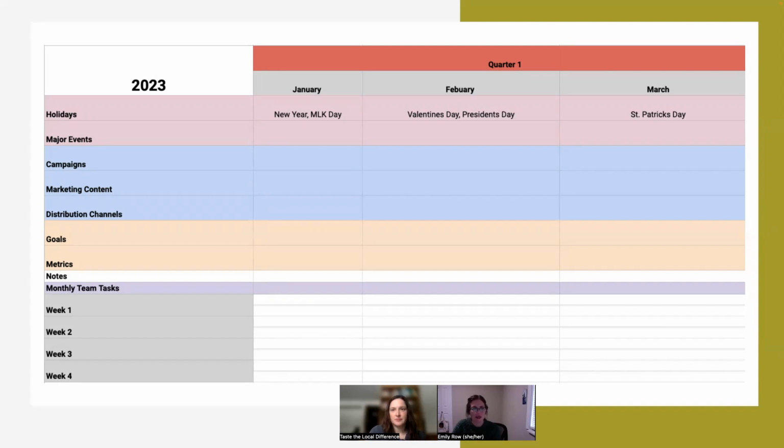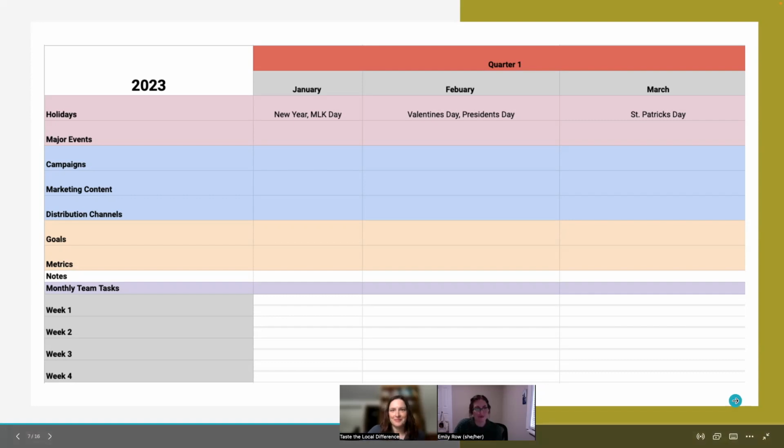And this is also where you can track your goals and how they're measuring up, so the metrics associated. And then to-dos, like find pictures. Maybe you want to do a collaboration, that could be a goal for that upcoming month. So get in touch with so-and-so could be one of your team tasks. Yeah, so this is just laying it all out there.